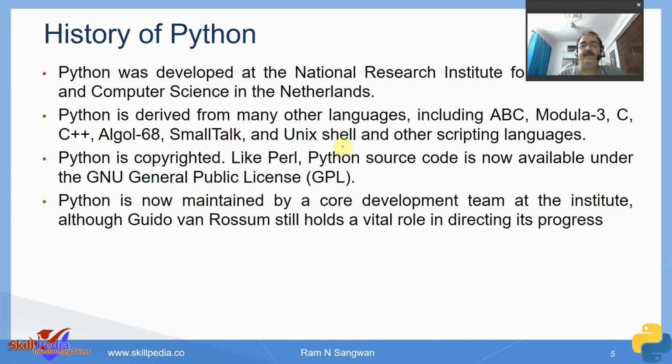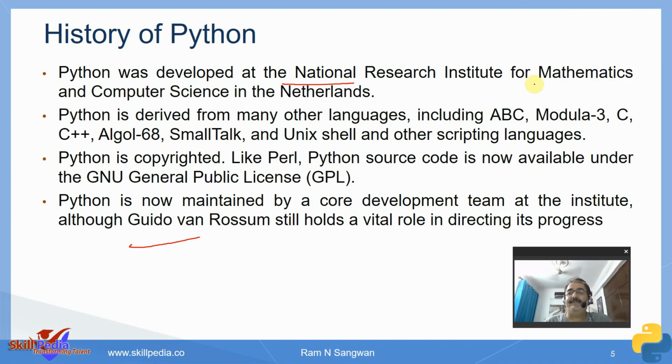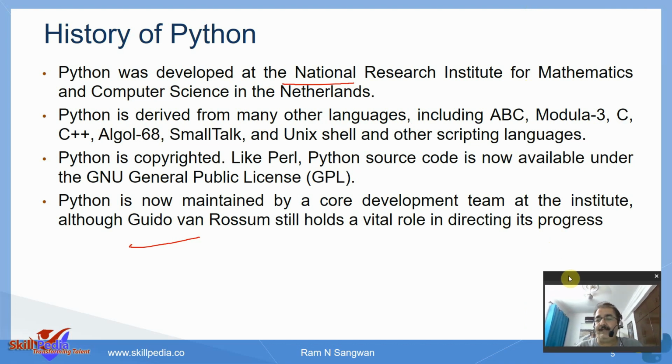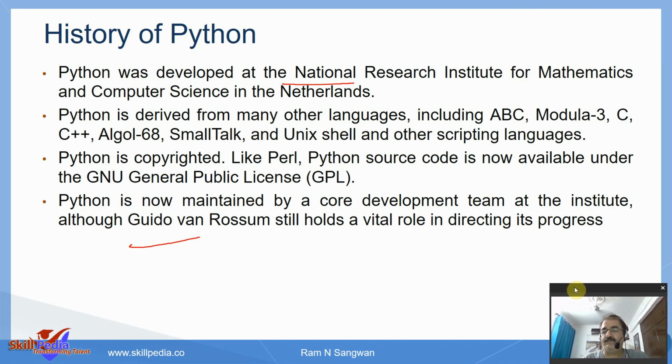History of Python. Python was developed at the National Research Institute for Mathematics and Computer Science in the Netherlands. Python was derived from many other languages. If you ask, is it based on some existing language?